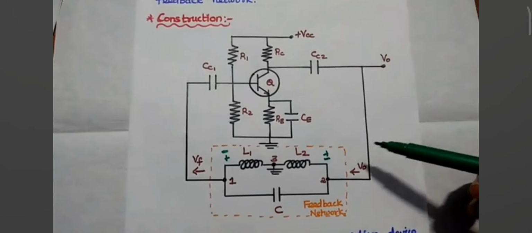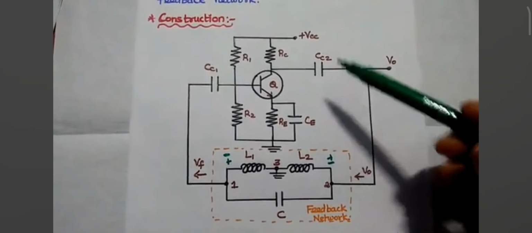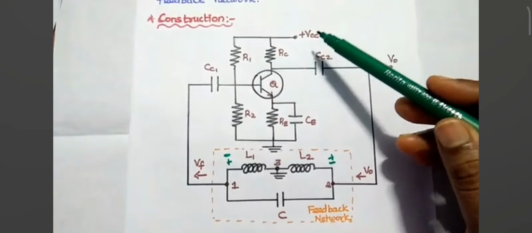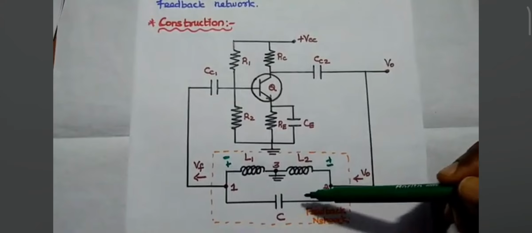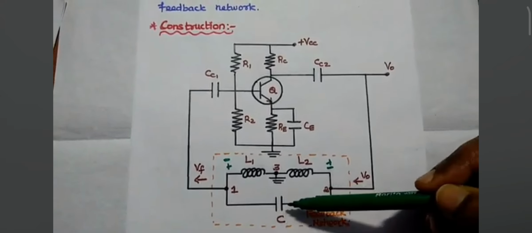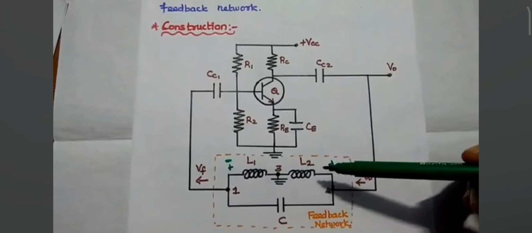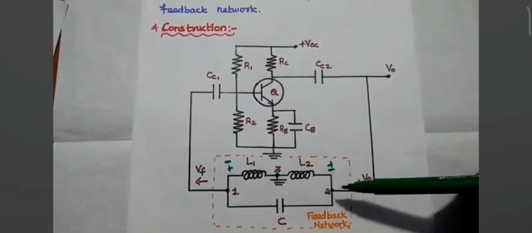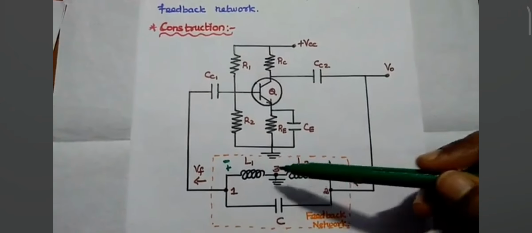So next we are going to analyze the operation. When the supply voltage is given to this amplifier, the capacitor starts charging. When the capacitor is fully charged, it starts to discharge through L1 and L2. Here we have to consider these three terminals, terminal 1, 2 and 3.